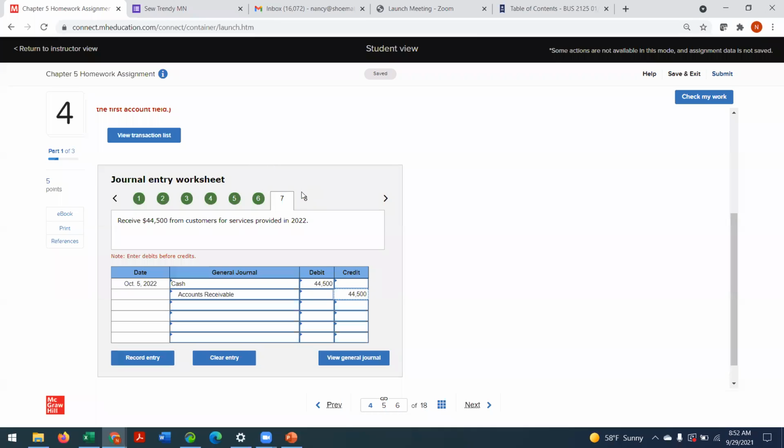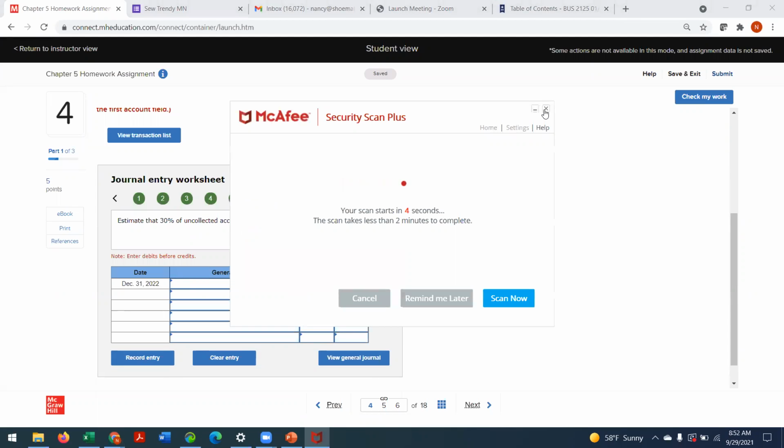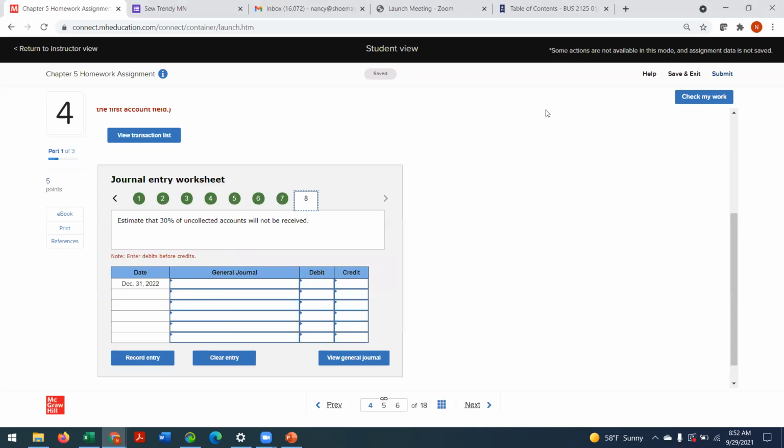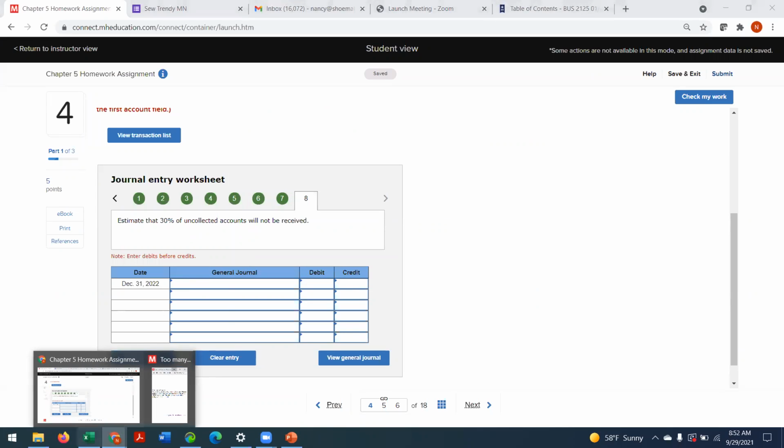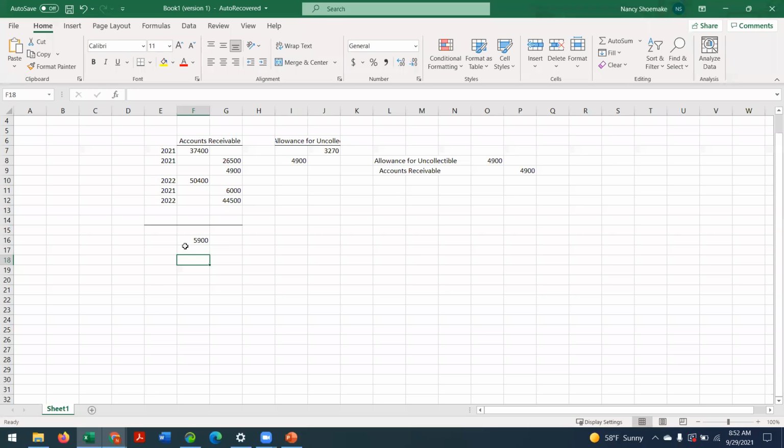Now it says, estimate that 30% of the uncollected accounts will not be received. So 30% of the 5,900 will not be received.